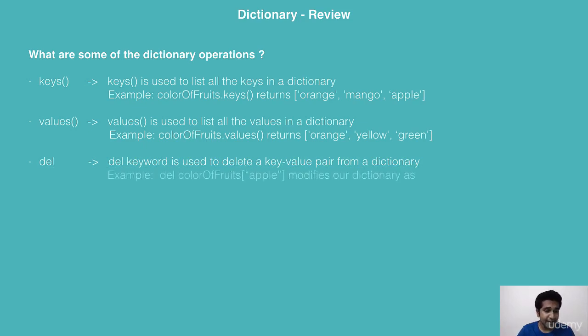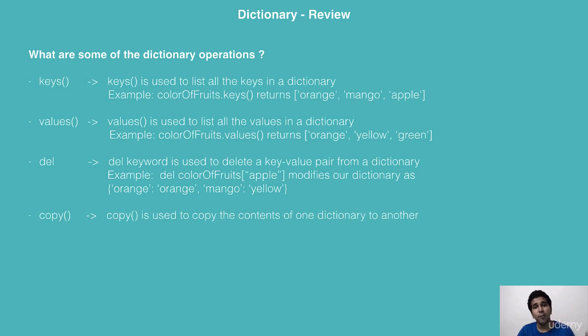So you say del with the name of your dictionary and the key for the key value pair which you want to delete. So if I want to delete the key value pair apple, I would call my dictionary and pass the index as apple, and that would delete the key value pair apple and green and return the output of my dictionary as orange and mango with apple removed from the dictionary.